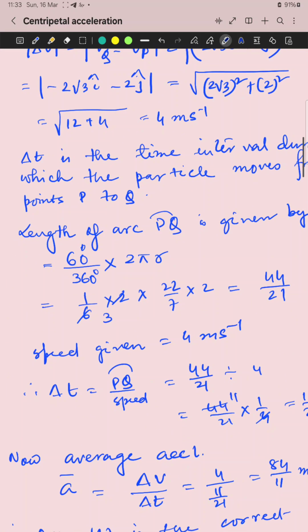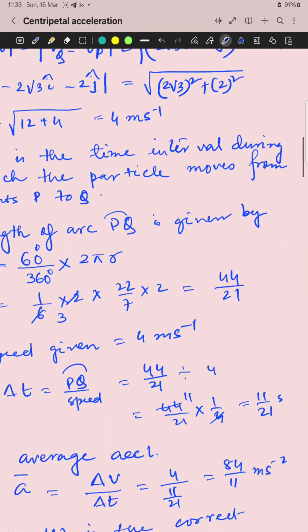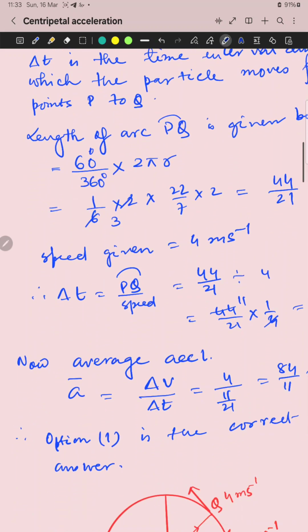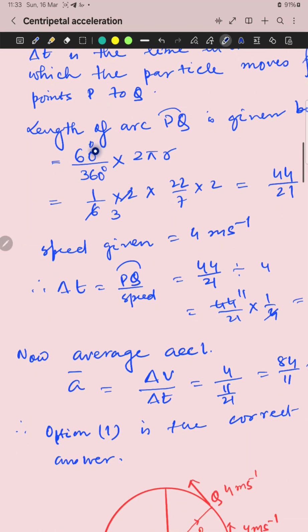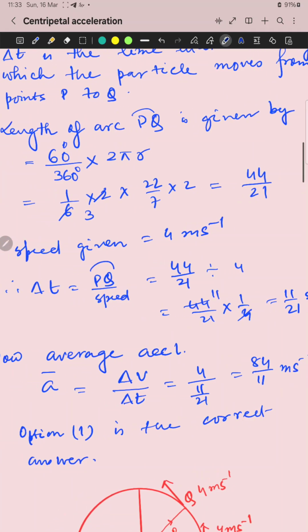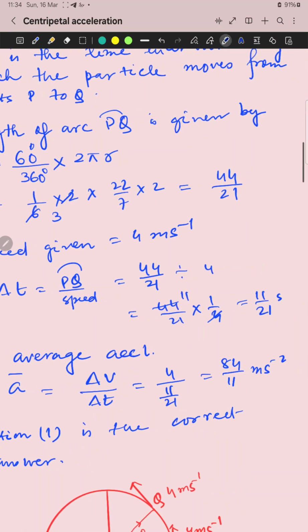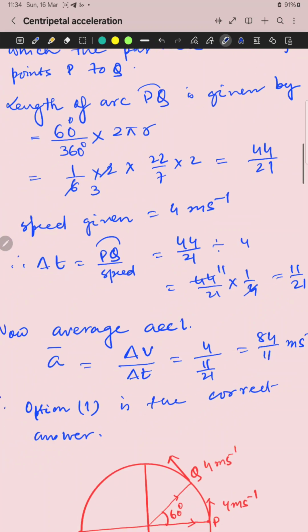Now to calculate delta t, that is the time interval during which the particle moves from point P to Q, the length of the arc has to be calculated. So we can see the sectorial angle is 60 degree, divided by the whole angle about the center, which is 360 degree, multiplied by the circumference of the circular path, wherein substituting all the values we get the value 44 by 21.